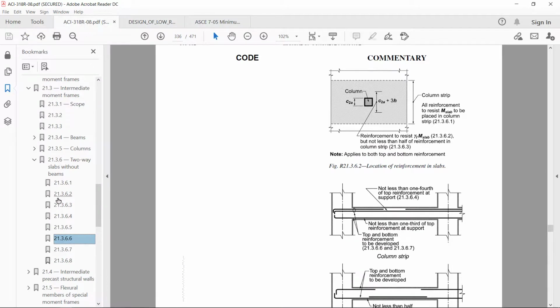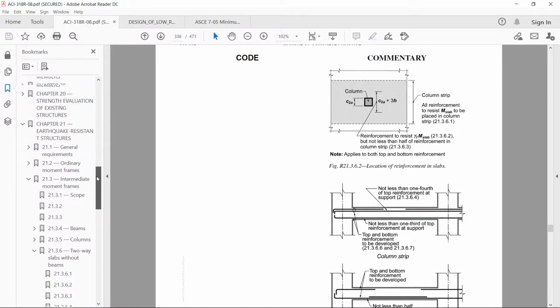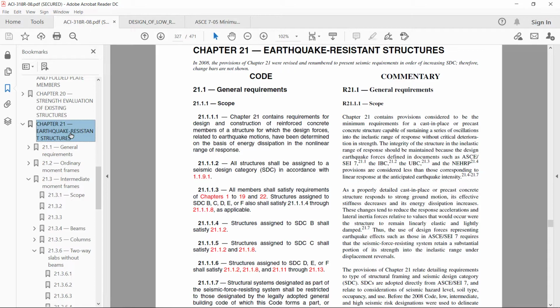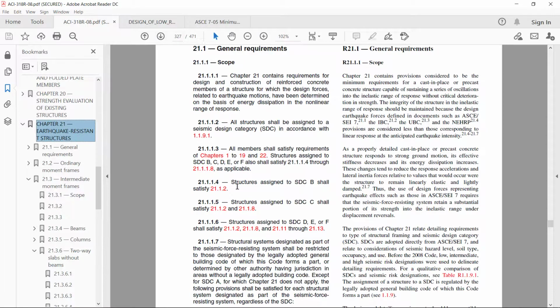As I explained to you, if we go to chapter 21, paragraph 21.1.2 explains various categories and what we have to follow or do if we are going to design a seismic category B building. That means if a structure is seismic category B, we should satisfy 21.1.2.